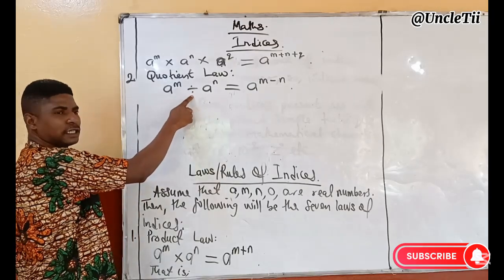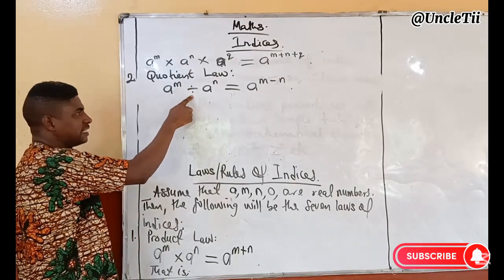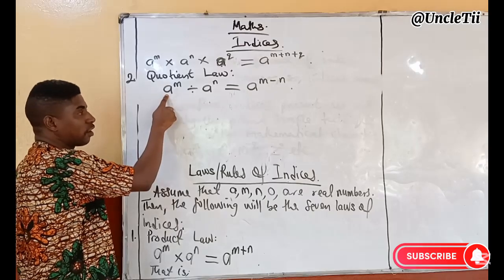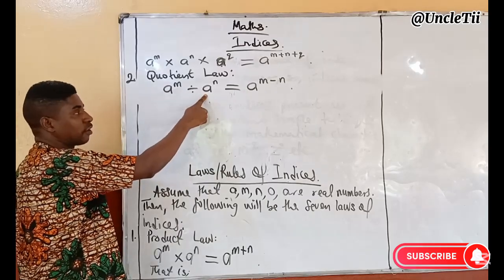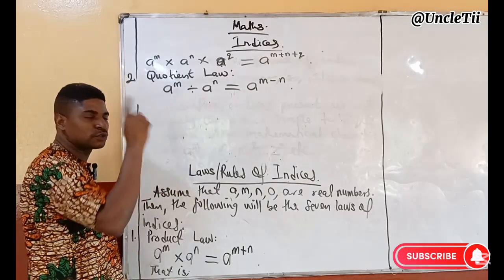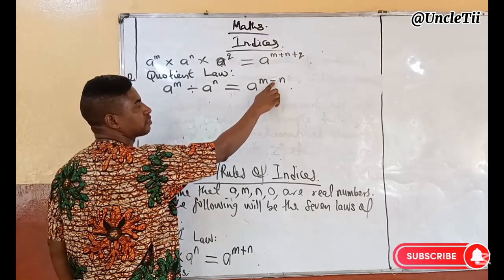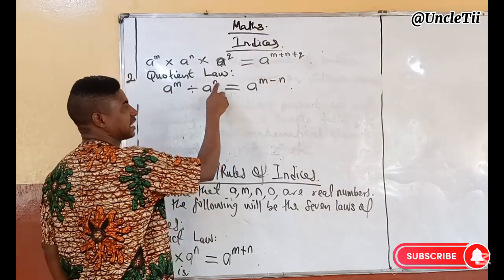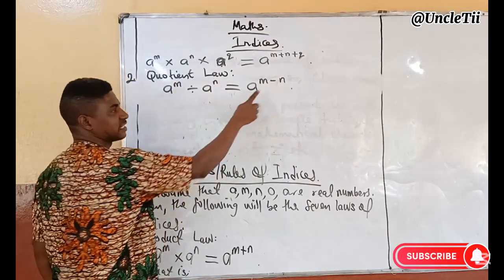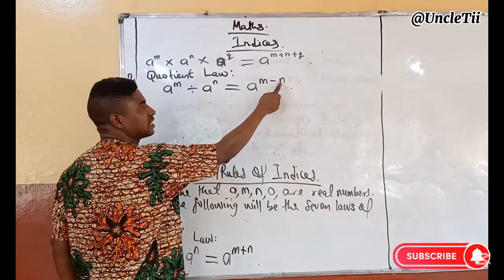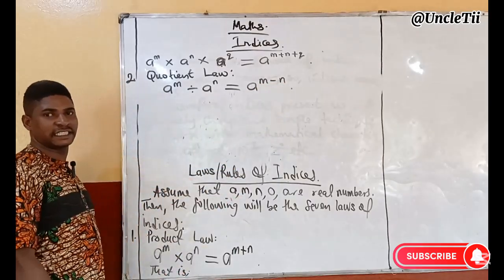So when I am dividing a mathematical term or character by another mathematical term or character, all I need to do to get my final answer is to subtract the second index from the first index.